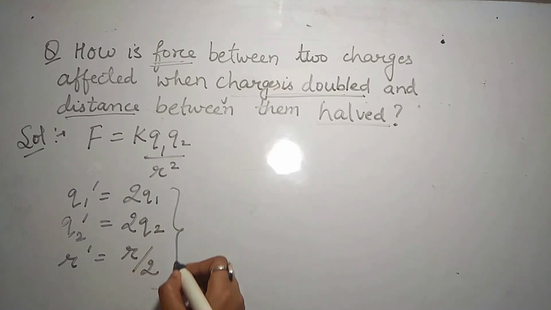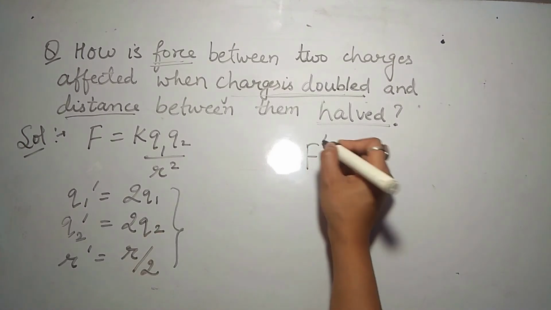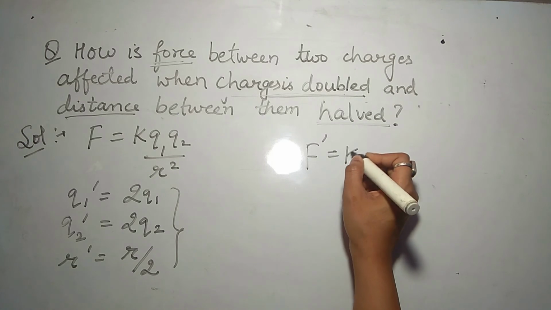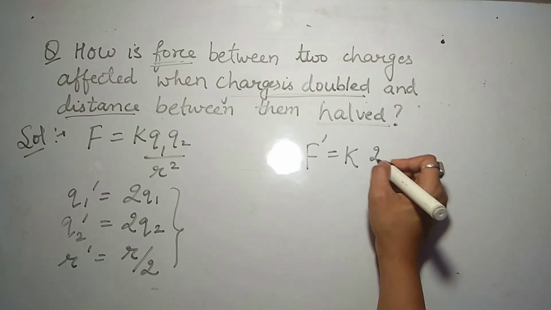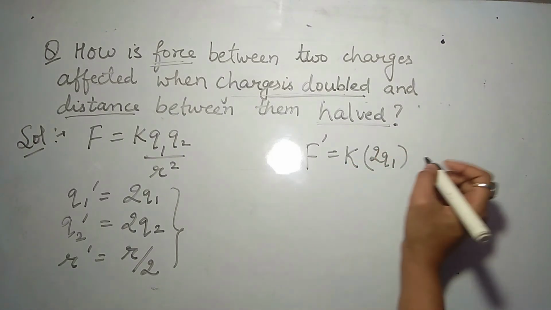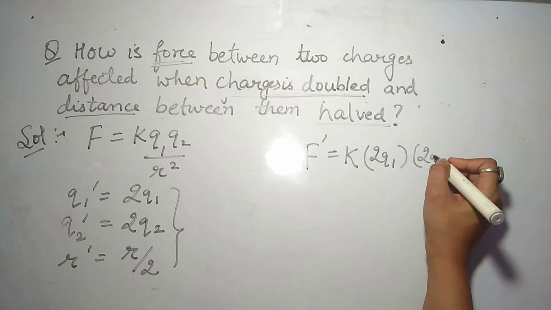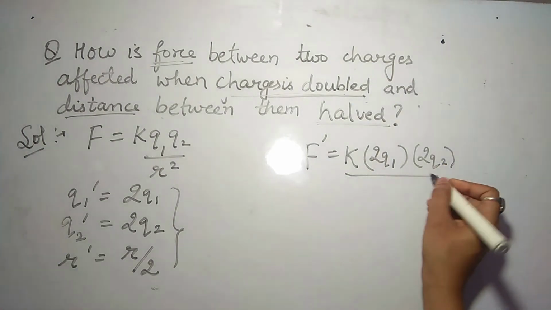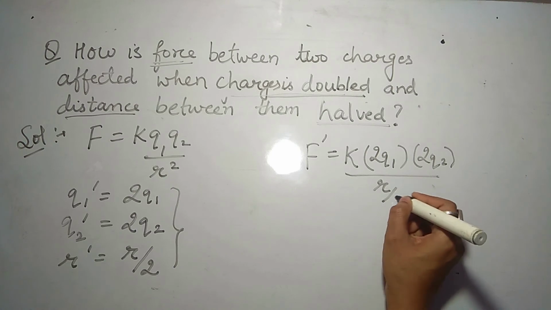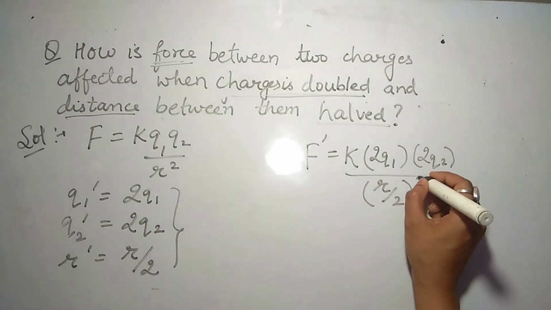Now substituting these values for the new force, k remains constant, Q1 dash is 2Q1, Q2 dash is 2Q2, divided by (r by 2) whole squared.